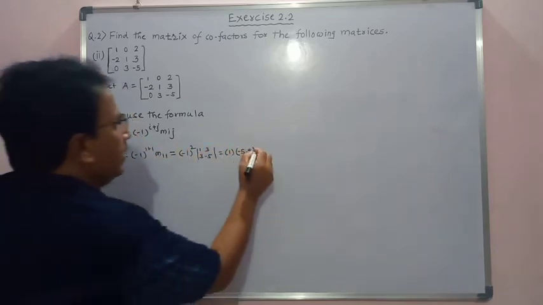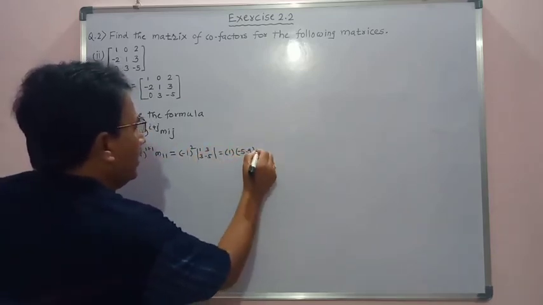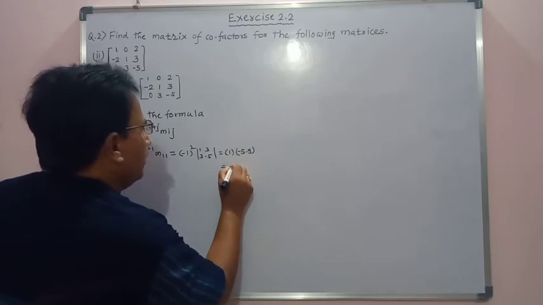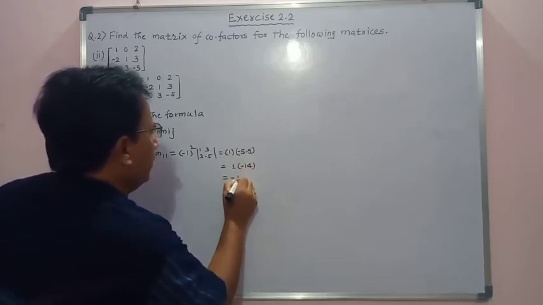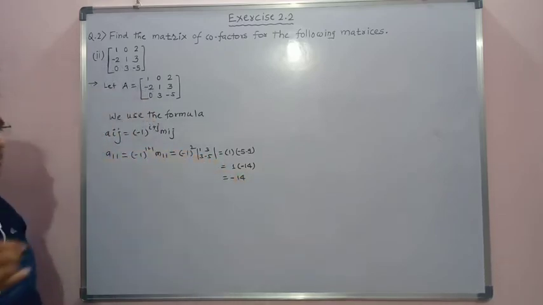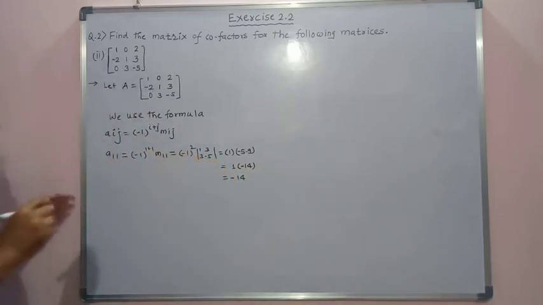Minus 5 minus 9 is minus 14. 1 into minus 14 is minus 14. This is the first cofactor.